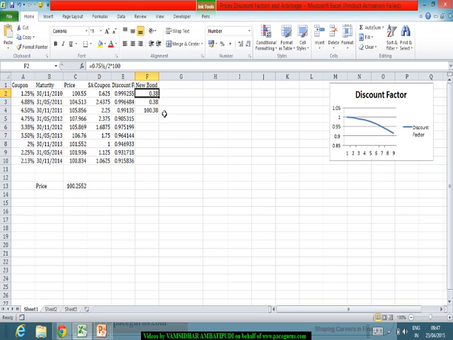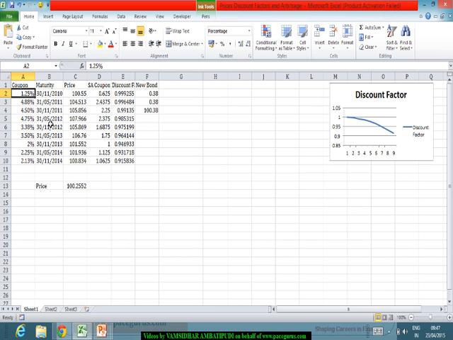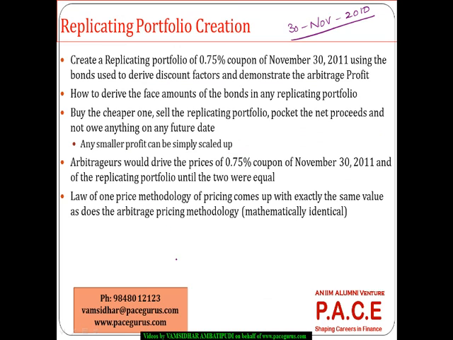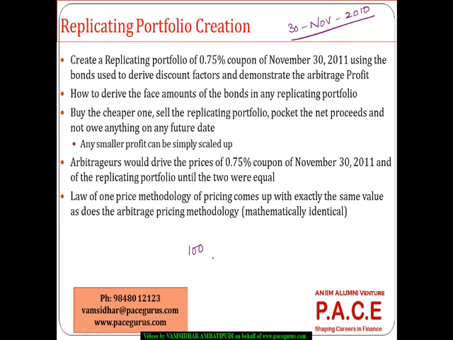Now, what can I see if I have to combine these? Okay, what about this bond? I'll first look at it with respect to 30th November 2010. For each period, I'll match the cash flows. On 30th November 2010, this bond is getting matured, which means it is making a payment of 100 plus 0.625.